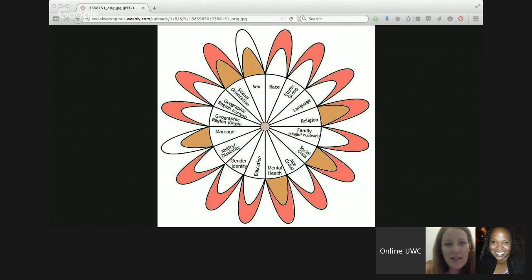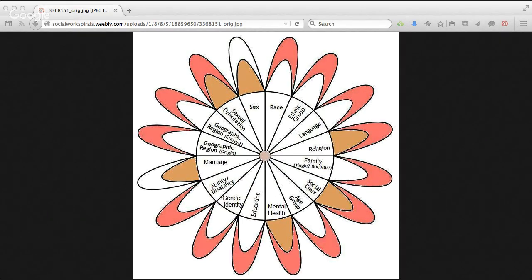Yep, here's an example of an identity flower. Let me present this. And then if you do have a disability, you might actually suffer from some level of discrimination.